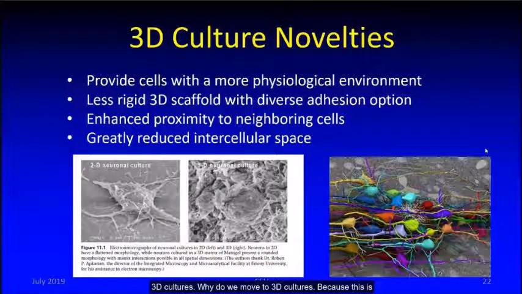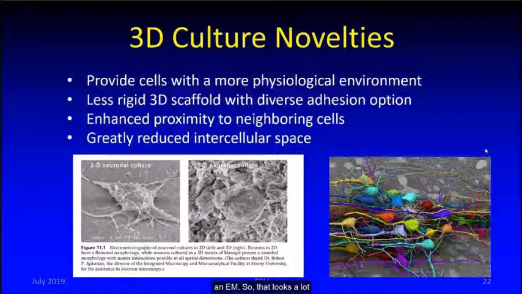Why do we move to 3D cultures? Because this is a neuron in a 2D culture, and this is a neuron in a 3D culture. And this is a reconstructed neuron out of an EM image. So that looks a lot more like that. When we have neurons in basically 2 dimensions, they don't have the cell shape the way they usually have in vivo.